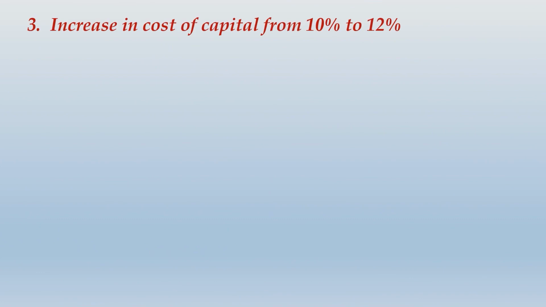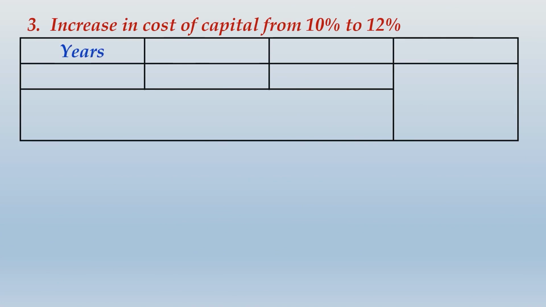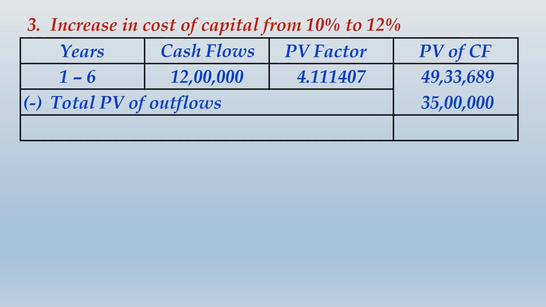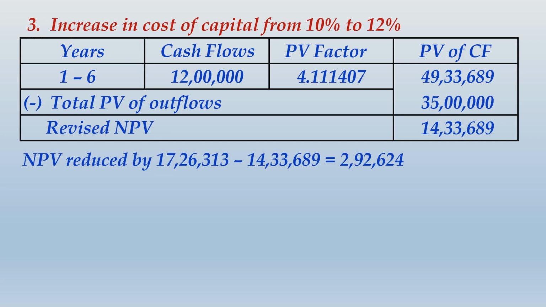possibility of increase in cost of capital from 10% to 12%. The same format of presentation and calculation of NPV. The only thing that changes now is the annuity factor. For 6 years at 12%, what you get is 4.111407, and this will result in a reduced NPV of 14,33,689, and the reduction in NPV is found to be 2,92,624.